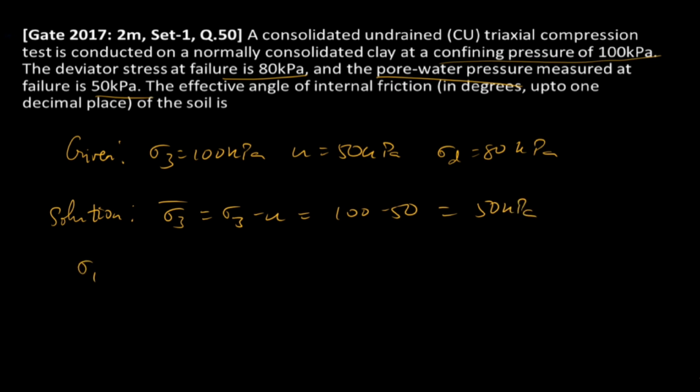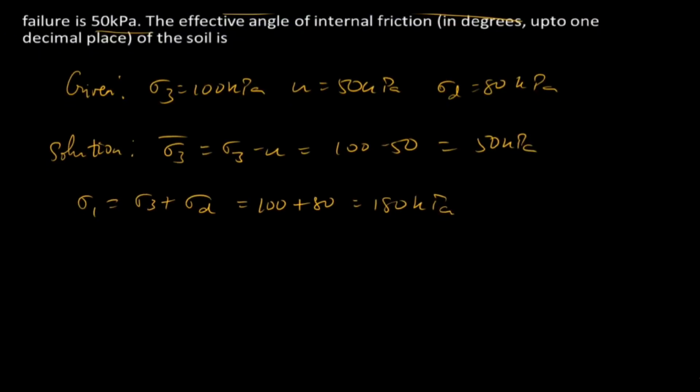The total major principal stress sigma 1 will be equal to sigma 3 plus sigma d, which is 100 plus 80, 180 kilopascal. So sigma 1' will be equal to sigma 1 minus u, which is 180 minus 50, equal to 130 kilopascal.